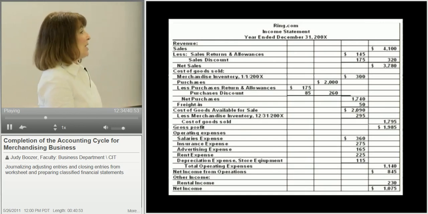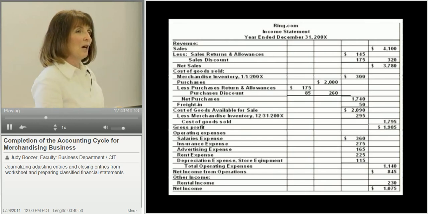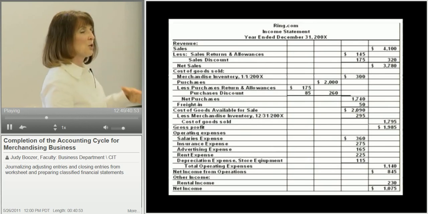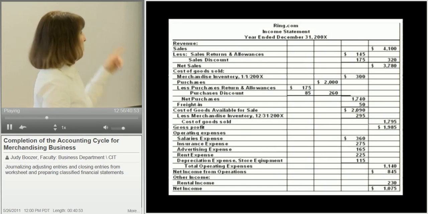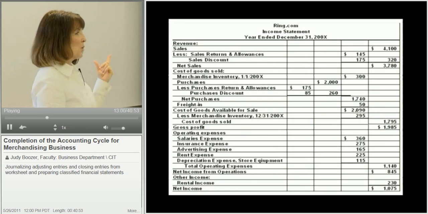Whatever merchandise inventory we began with. And to that, we're going to add something called purchases, which is all the merchandise we're going to purchase during this period of time. But we can't just directly add it because we may have some deductions in that purchase amount, meaning the 2 contra accounts called purchases return and allowance and purchases discount.